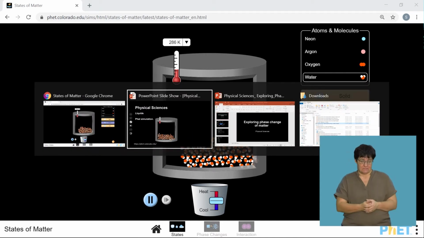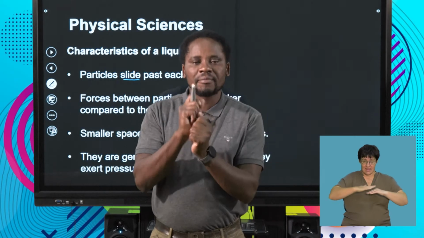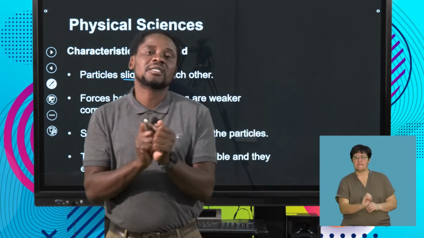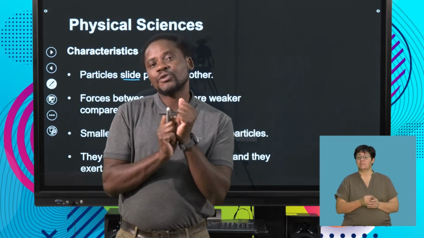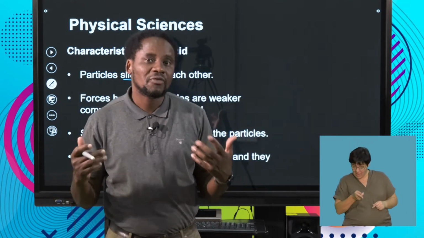If you can go back to our simulation to look at the slides in terms of the summary, it says here that the particles slide past each other, okay? So sliding suggests that there is some movement that the particles are experiencing, but these forces, by comparison, are actually weaker than those of a solid, right?